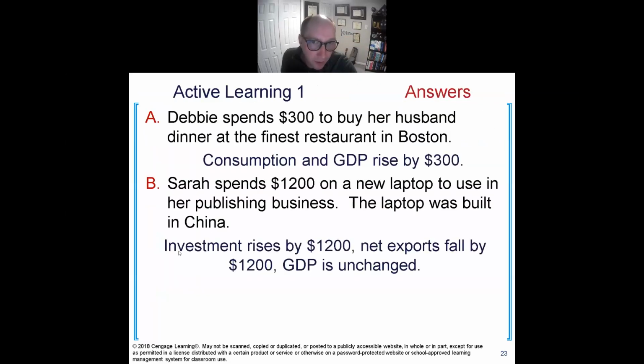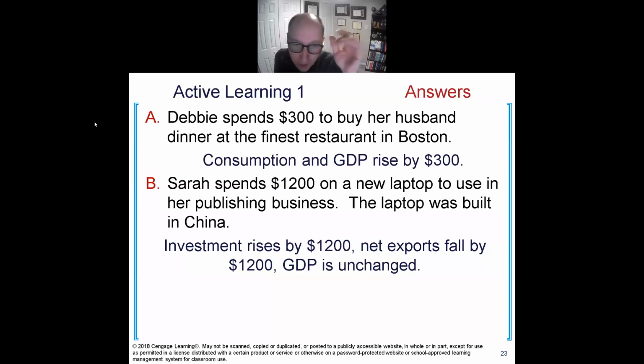Here, let's see what the answers are. Okay, so the first one was consumption, yes. The second one, Sarah spends $1,200. Investment, yes. Here's the other interesting part of that question. The laptop was built in China.